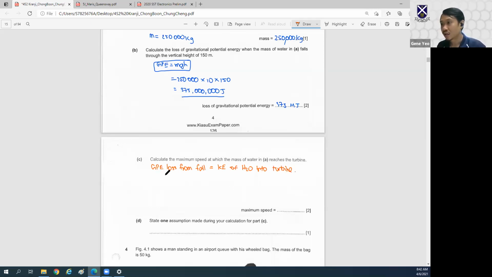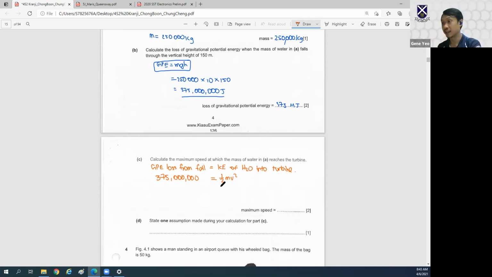This is a statement to show the marker that I know where the energy change took place. I can write down next that this is equal to 375 million, and this KE is half mv squared.